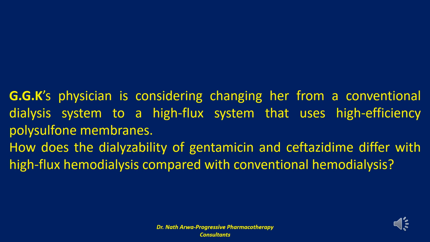Approximately 50% to 70% of gentamicin is removed during a 2.5-hour, high-flux dialysis session. The clearance of ceftazidime by high-flux dialysis is 75 to 240 ml per minute compared with 55 ml per minute for conventional hemodialysis. Thus, further dosage adjustments for gentamicin and ceftazidime may be necessary if G.G.K is converted from conventional hemodialysis to high-flux hemodialysis.